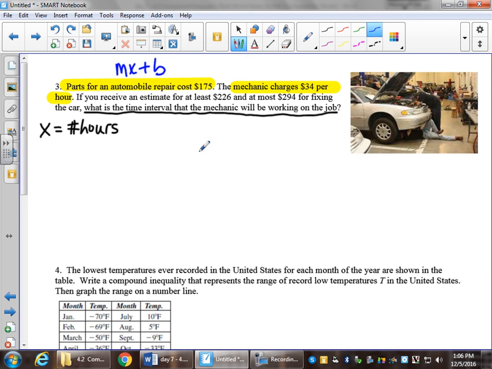Go ahead and please write, what would that mx plus b expression be if the parts are $175 and he charges $34 per hour? So it's $175 flat plus $34 per hour.